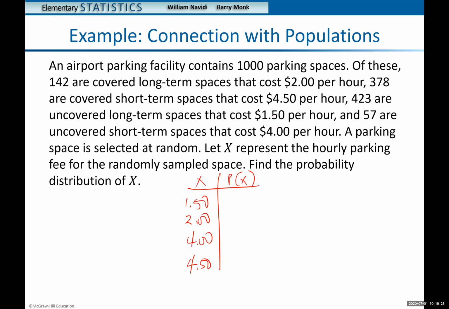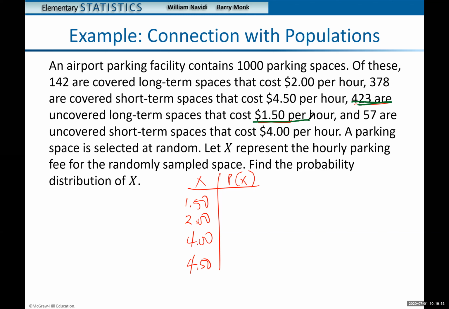Let's start at $1.50. You have 423 uncovered long-term spaces that cost $1.50 per hour.